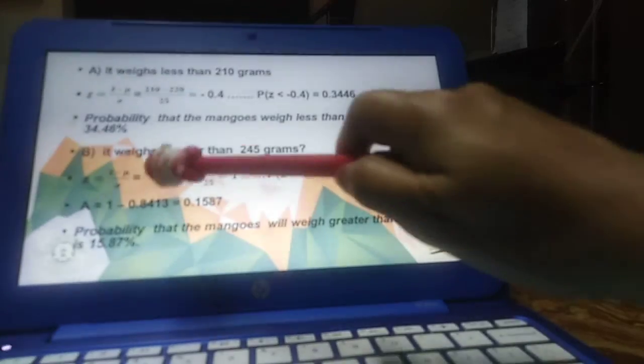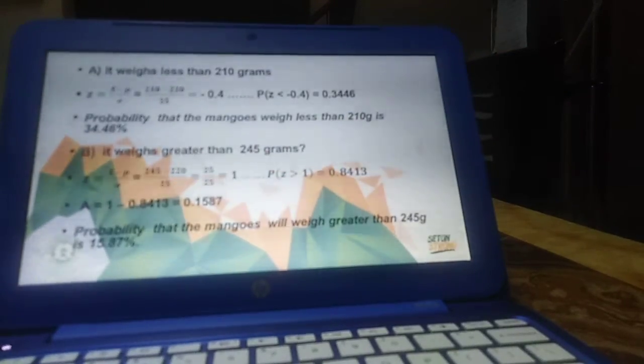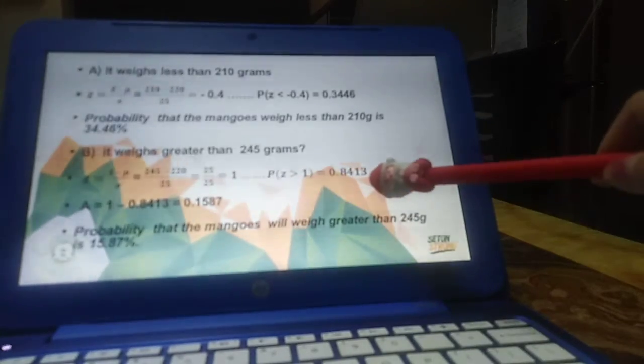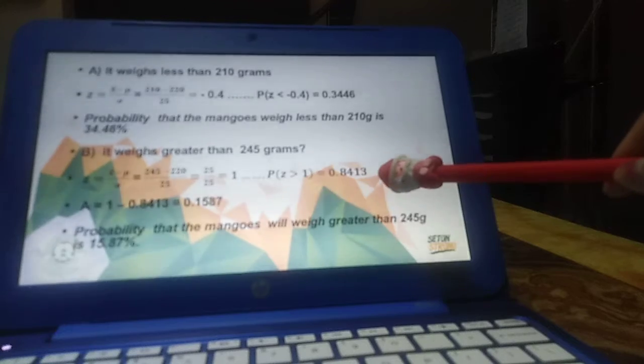Letter B, it weighs greater than 245. The z-score is computed by subtracting: 245 minus 220 over 25 will give us 1. And the area for 1 is 0.8413.